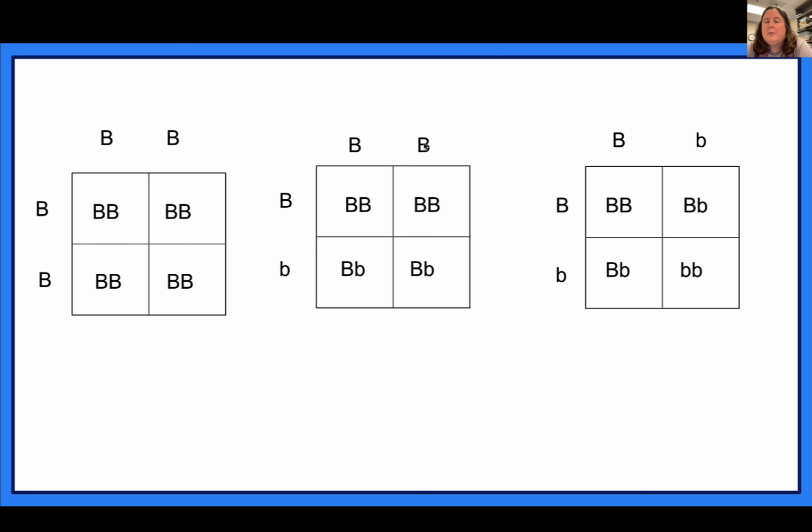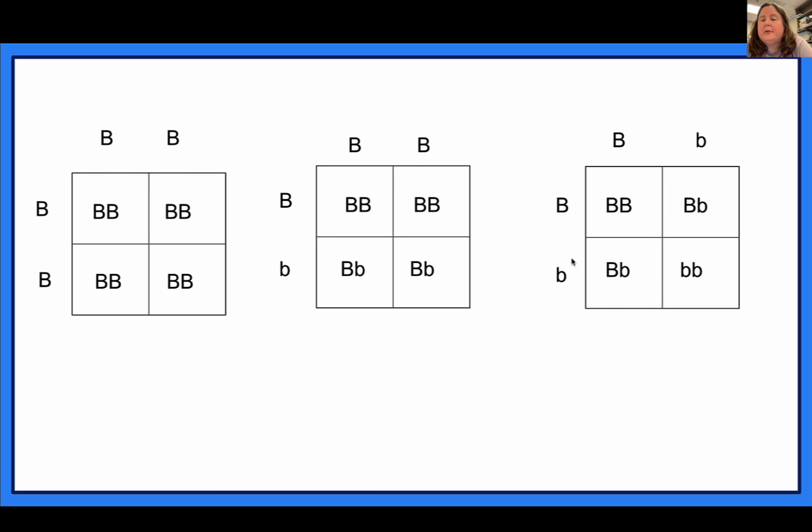If we had a homozygous dominant parent and a heterozygous parent, all of them are still going to have the dominant trait. If both are heterozygous, 3/4 are going to have the dominant trait, and 1/4 is going to have the recessive trait. And there are other combinations as well.